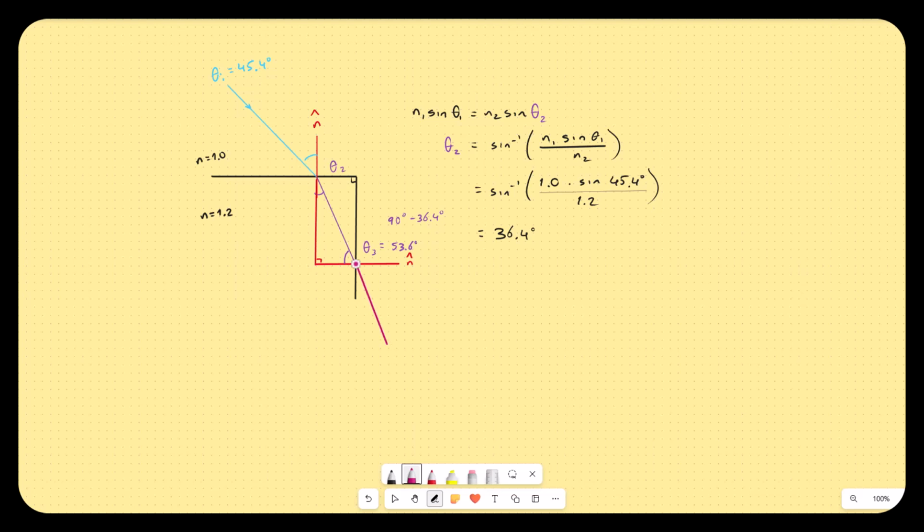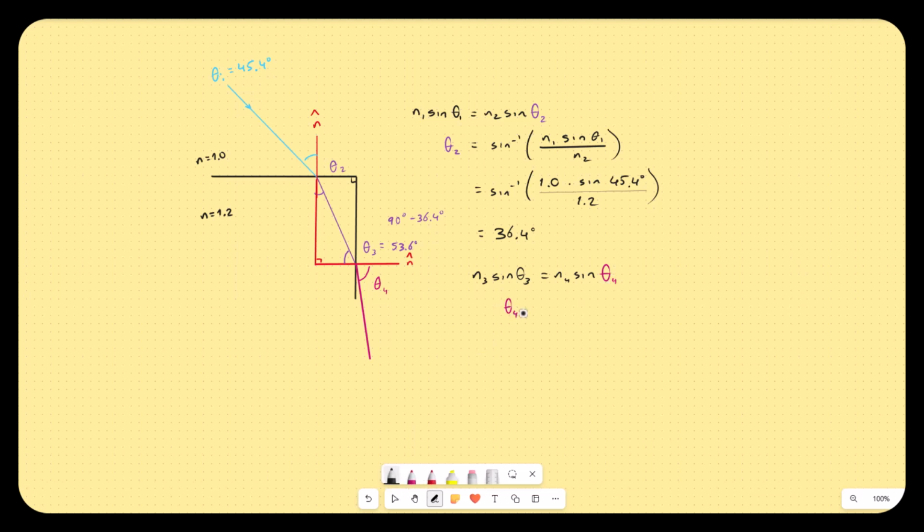Something like this. But I'm moving into a higher speed area, or a lower index of refraction, which means I'm going to have to bend, this time away from the normal. So there is my theta 4. And I'm going to use the same equation again, except now I'm on 3 and 4. n3 sine theta 3 is n4 sine theta 4.